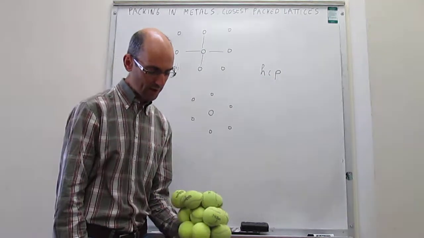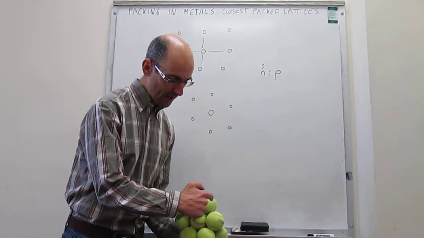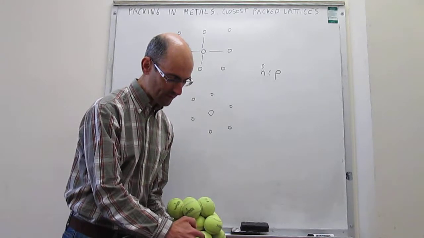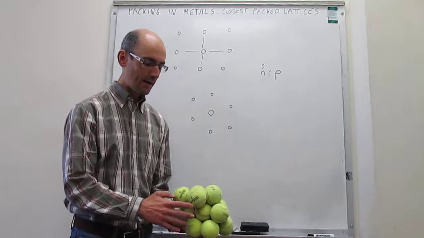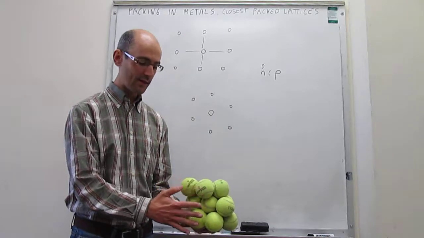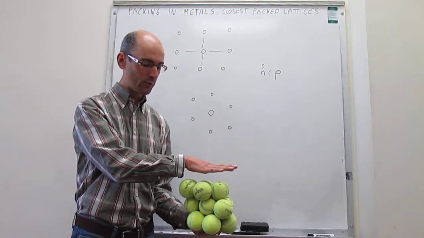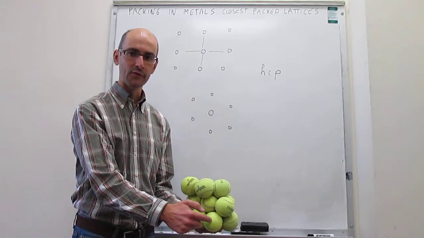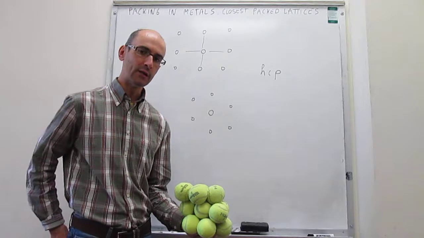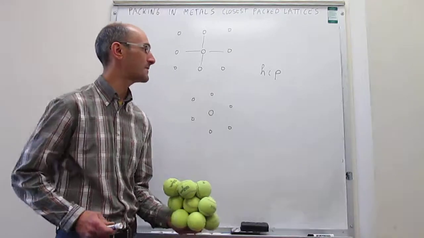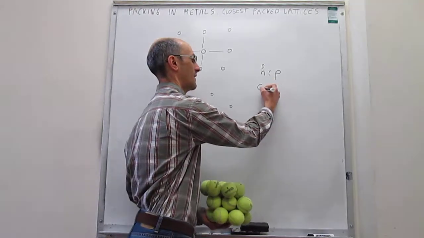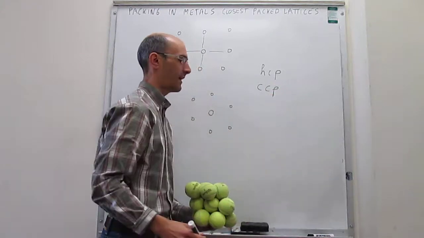You can turn this around and you perhaps can see it a little better, how that atom is actually not right on top of this one. So now what will happen is that these are three different layers, but the fourth one that you could put right here would be right on top of the first one. This is what we called a cubic closest packed, and that has the letters CCP.